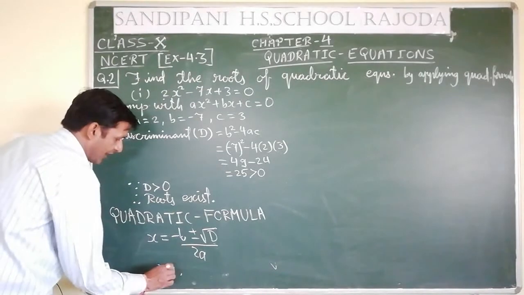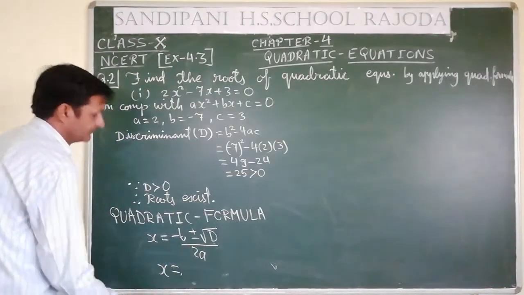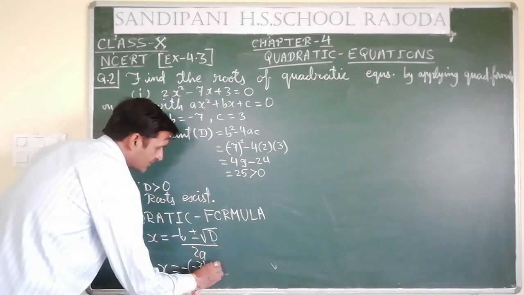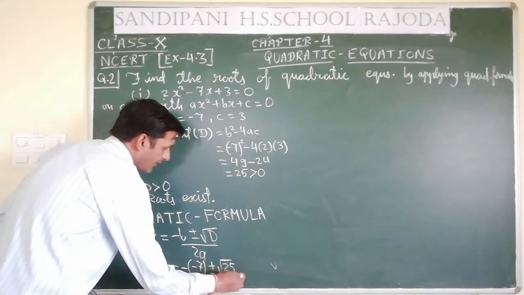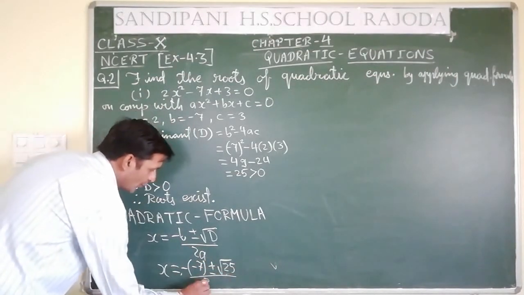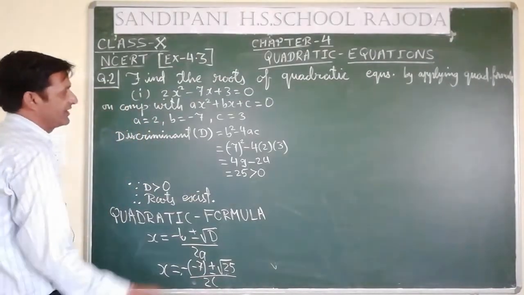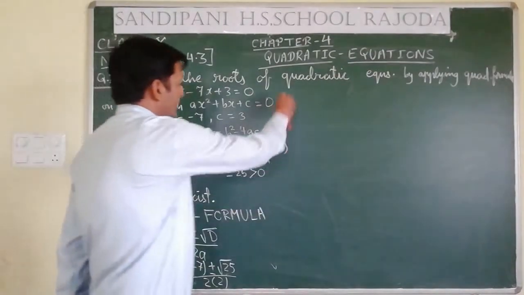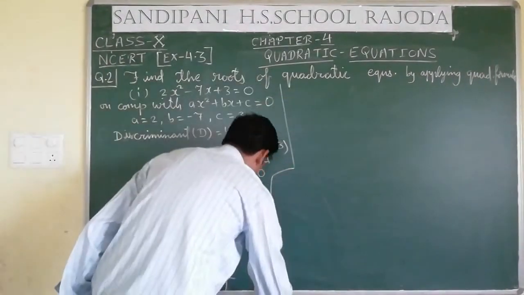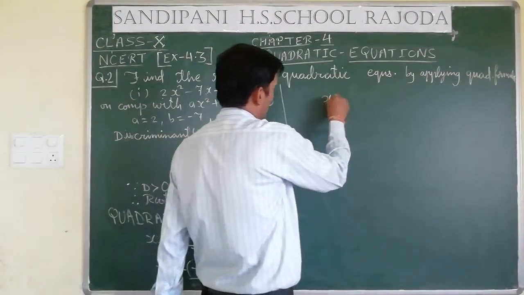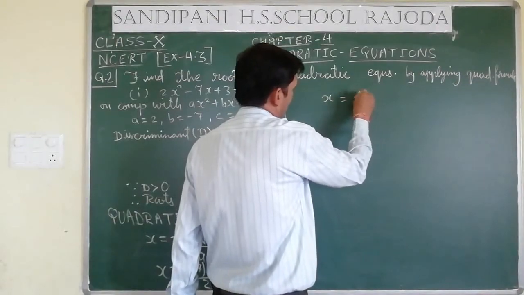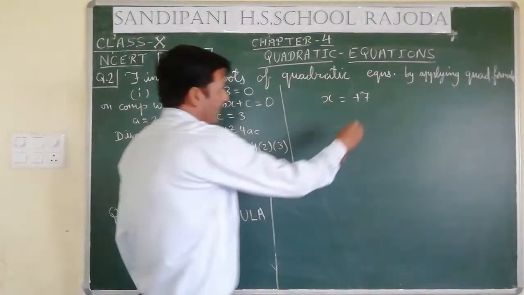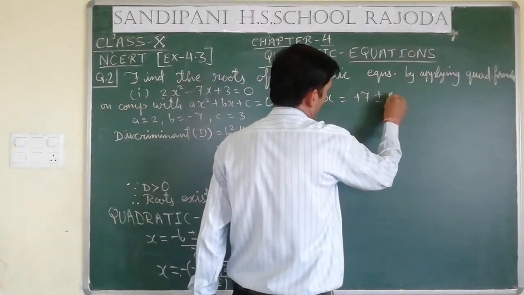So x is equal to minus 7 plus minus root 25 upon 2 into the value of a, which is 2. So now this will become x is equal to plus 7, because minus into minus is plus, so positive 7 plus minus root 25, which is 5.